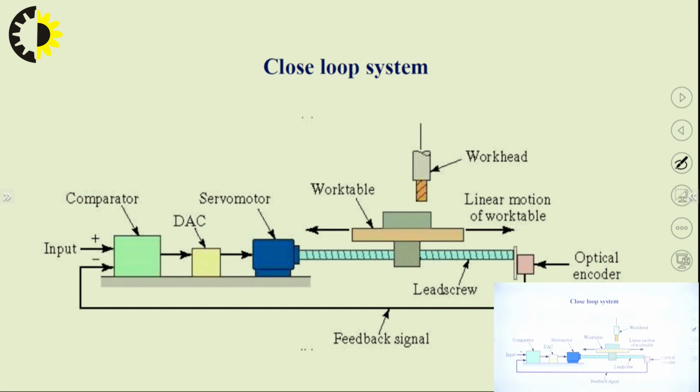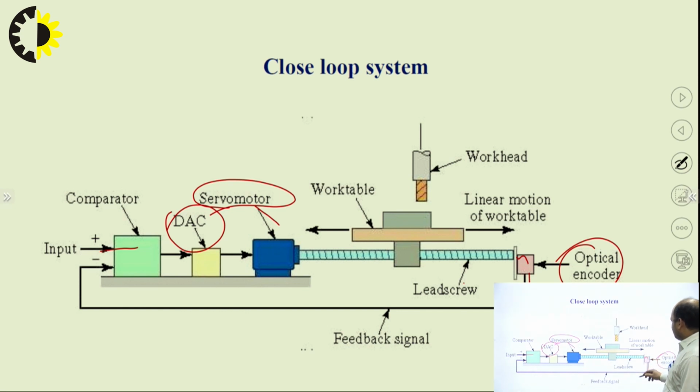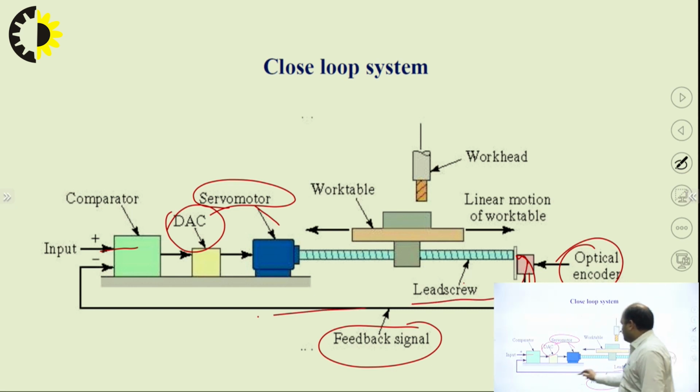Here we can see the input signals are given, and digital to analog control systems operate the servo motors. This is the work table, which is rotated through the lead screw, and there is also an optical encoder through which we can analyze the system and get feedback signals about the manufacturing system and components.